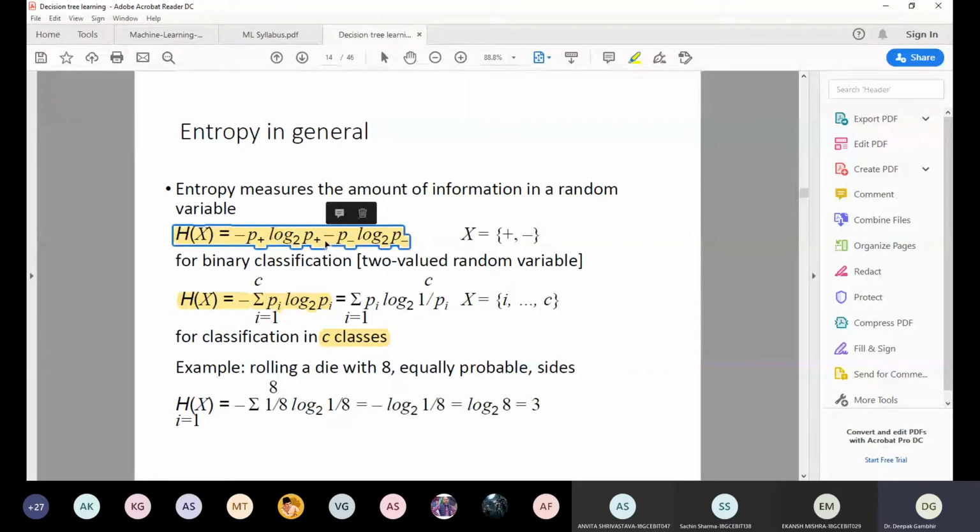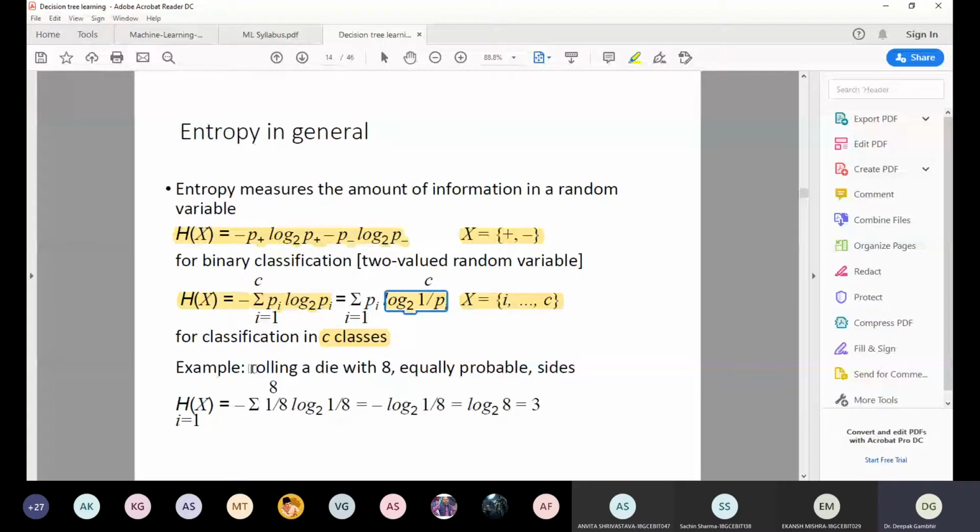That is the same formula. In one case there are two classes, plus and minus, but in this case there are C classes, so the formula is the same. Minus log P can also be represented as log 1 over P. So you can use either formula: minus summation Pi log Pi, or summation Pi log 1 over Pi.